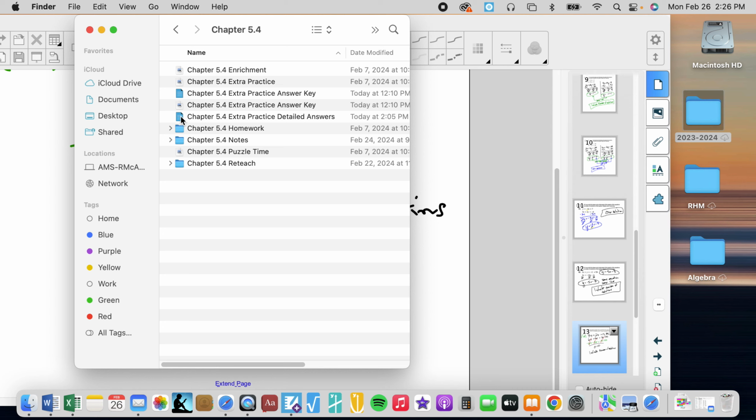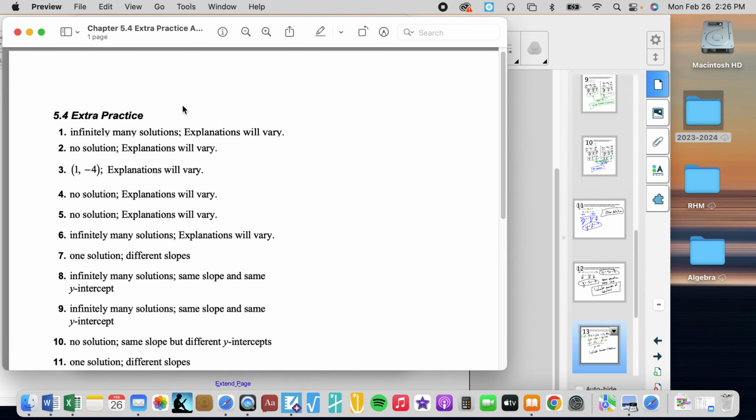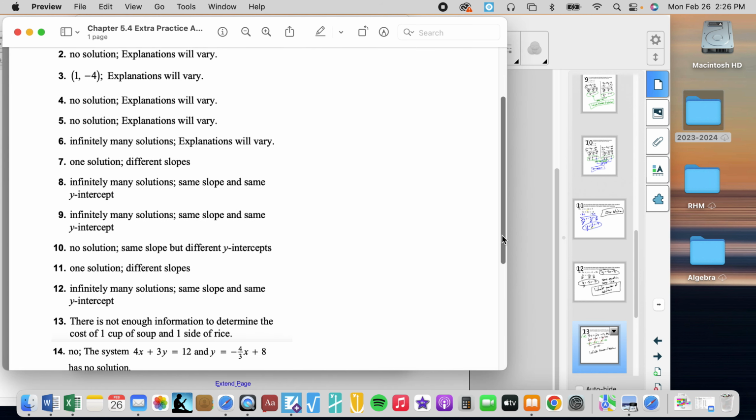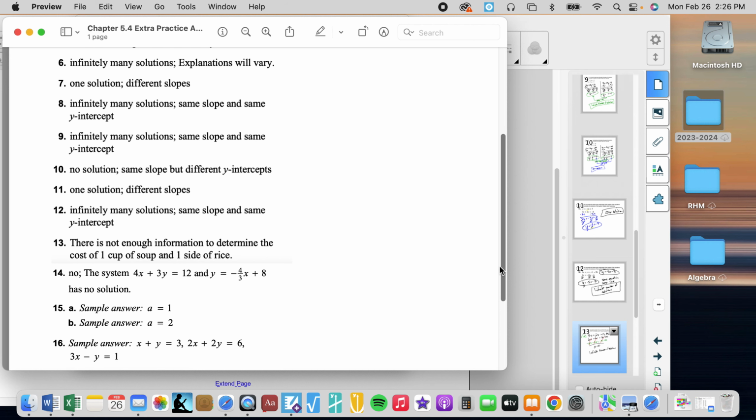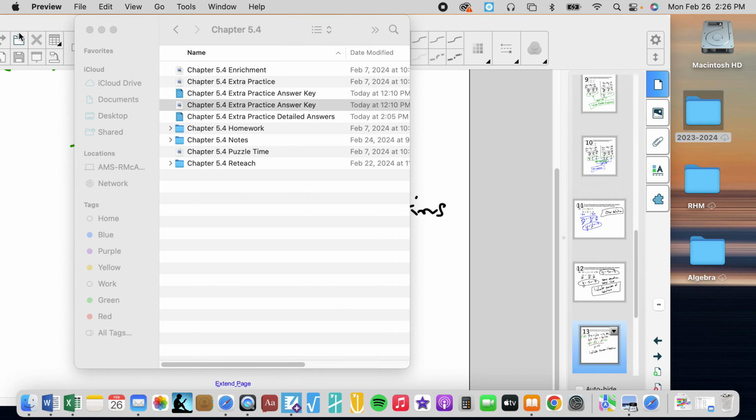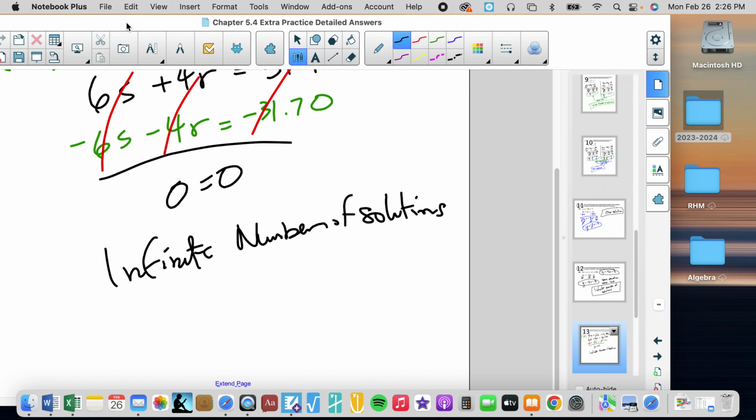If we graph that, we can find a bunch of solutions. Extra practice, answer key. What do you think? There is not enough information to determine. Yeah, right. Okay. It makes sense. Not enough.